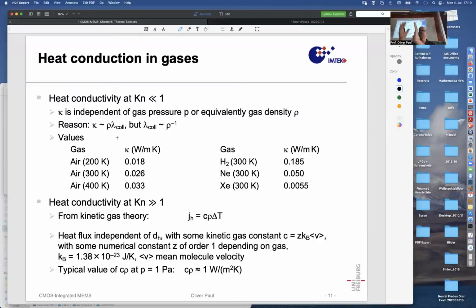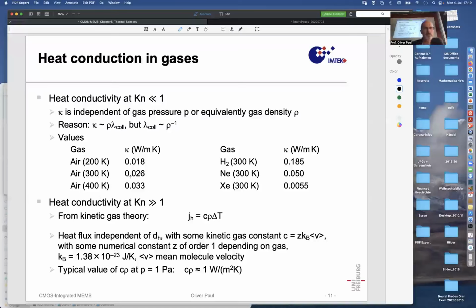But the heat conduction of that gas is still the same. Even on Mount Everest, with a reduction by 80%, still the same thermal conduction. And it depends on temperature. So on Mount Everest, the thermal conduction will be lower because the temperature is lower. But if we had some experiment at room temperature on Mount Everest, it would conduct the same.